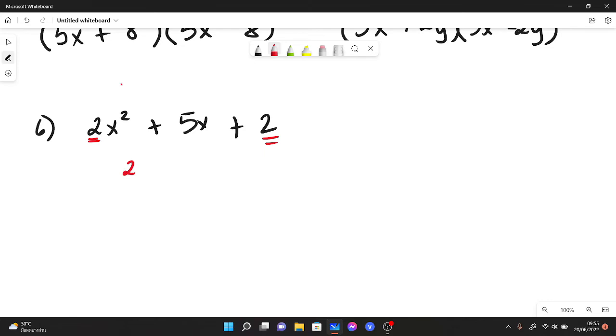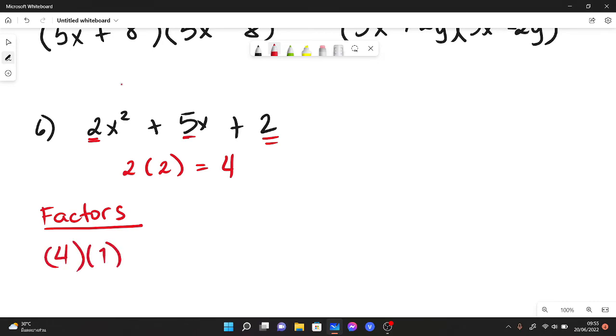So we have 2 times 2 is 4. Now we have to think what are the factors of 4 that when we apply addition, it will be equal to positive 5. So obviously we have 4 and 1, because 4 plus 1 is equal to 5.